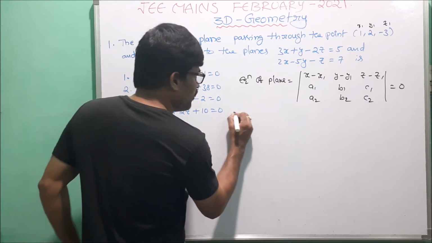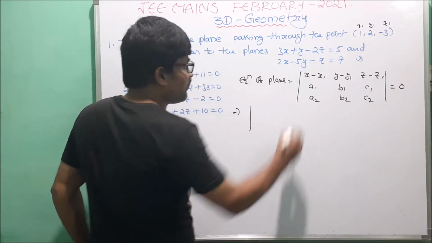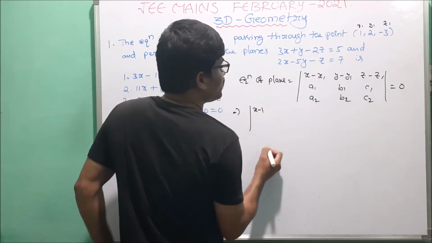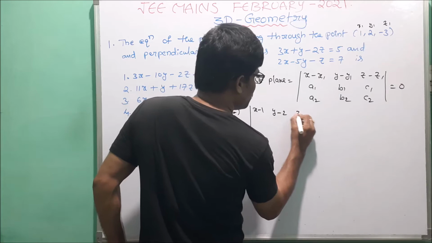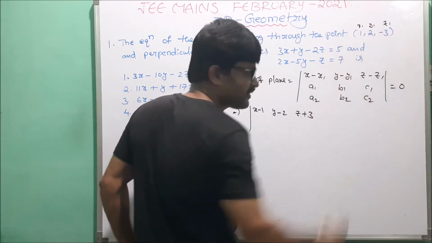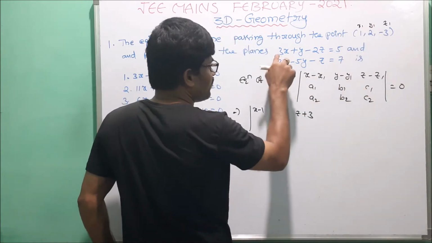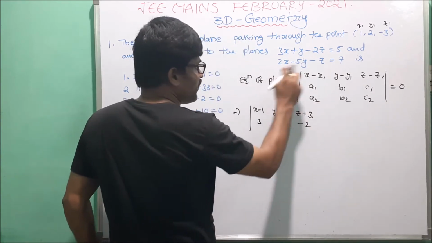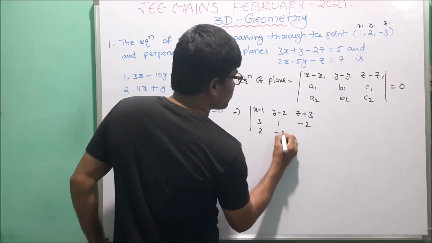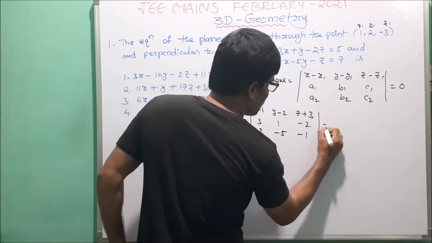Now we substitute in the determinant: x - 1, y - 2, z + 3; 3, 1, -2; 2, -5, -1, equal to 0.